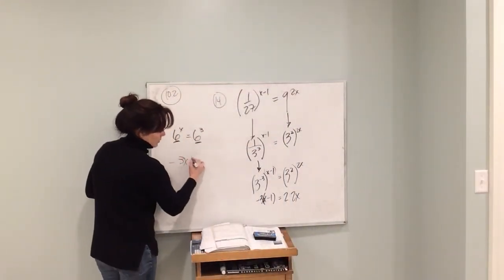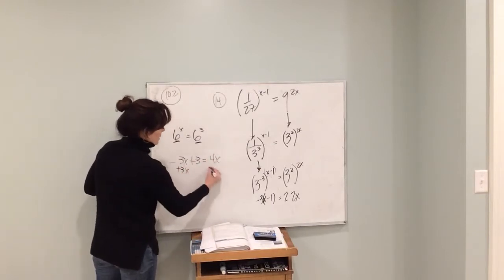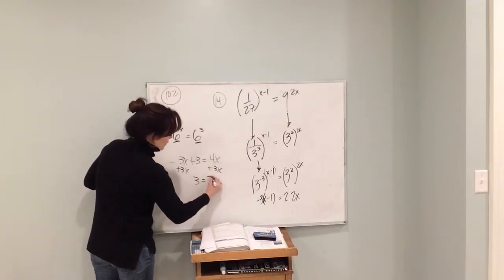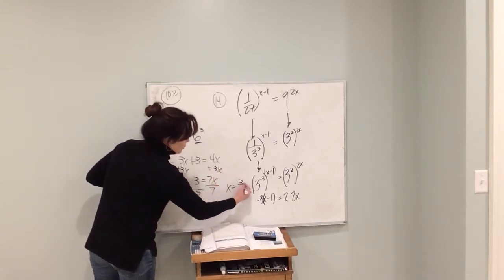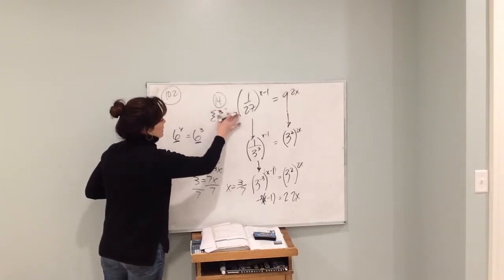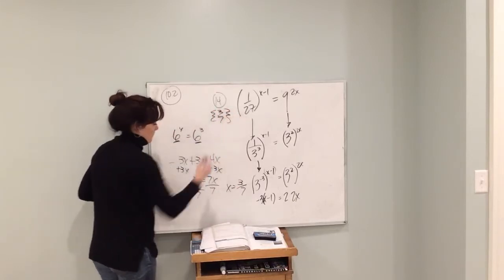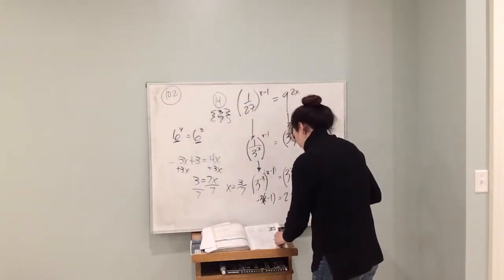Negative 3x plus 3 equals 4x. Add 3x, add 3x. 3 equals 7x. Divide by 7, divide by 7. x equals 3/7. All right, that's it for problem number 14.